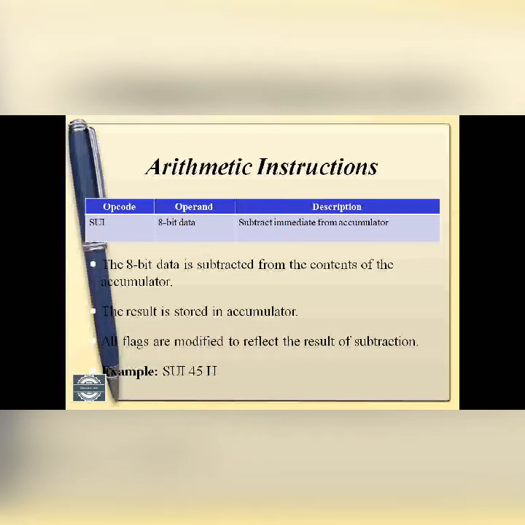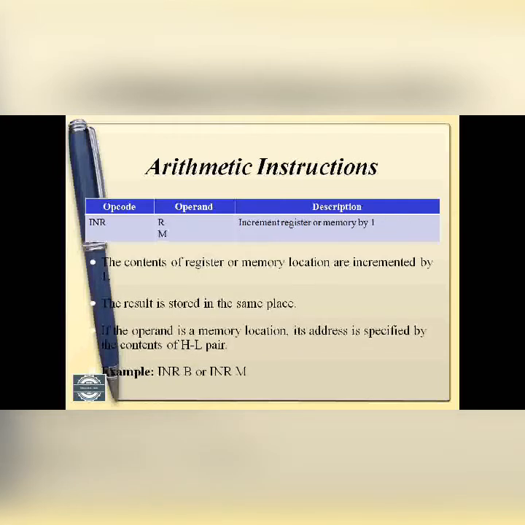Here 8-bit data is subtracted immediately from the accumulator with borrow. So just like the previous ones, it will do immediate subtraction from the accumulator, but there it also follows the borrow part. Here the borrow flag will be CY, that is, the borrow flag will be subtracted from the content of the accumulator. So I think all this subtraction part is clear to you.